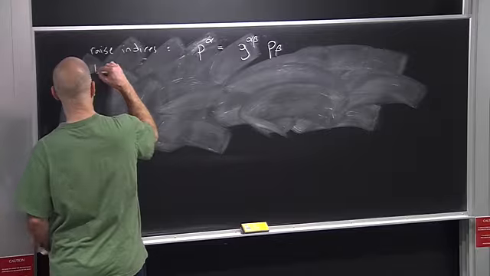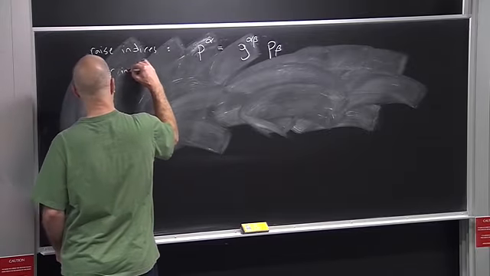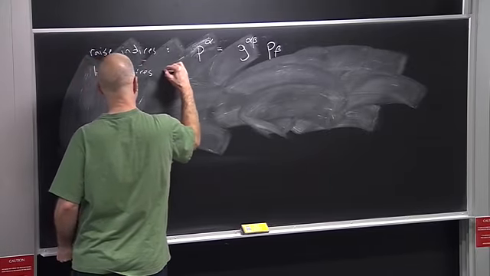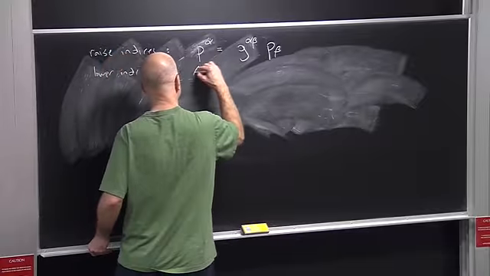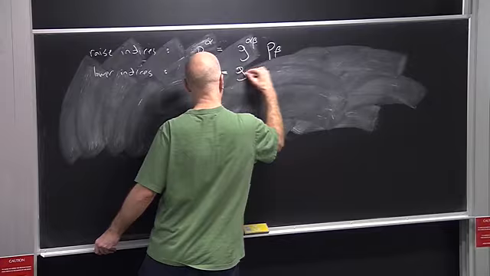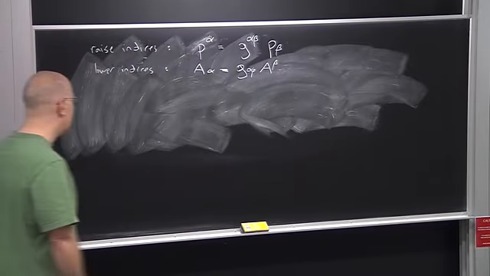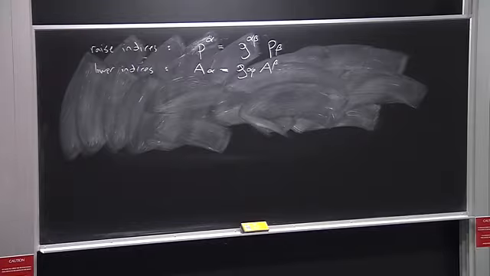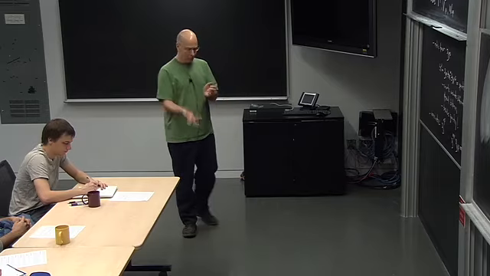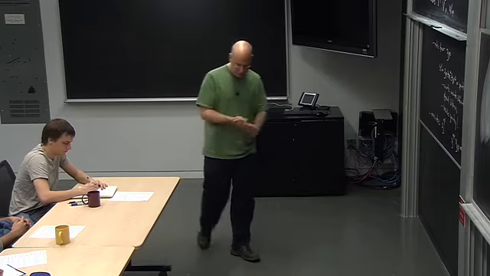And you can also lower indices. You can convert a vector into a dual vector by acting with the metric. And those are all simple elementary operations that you've seen before, so I'm probably spending way more time on this than I should.